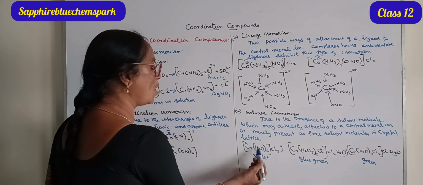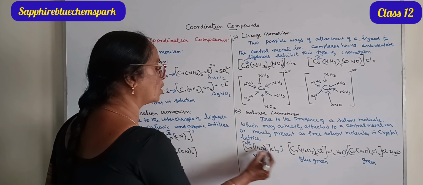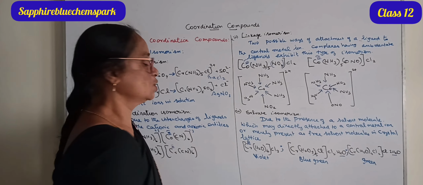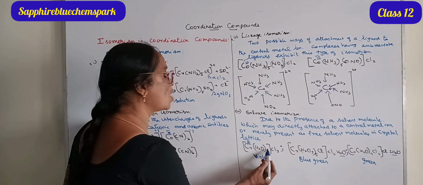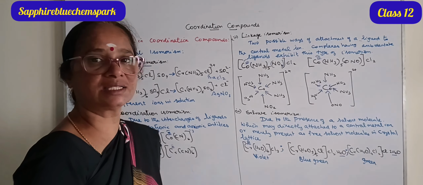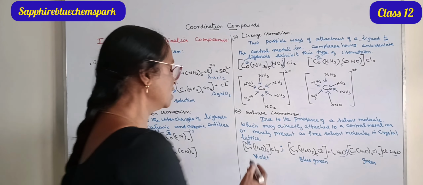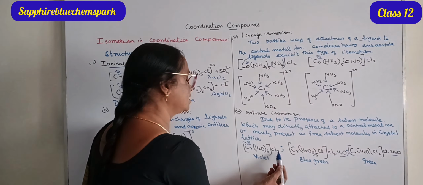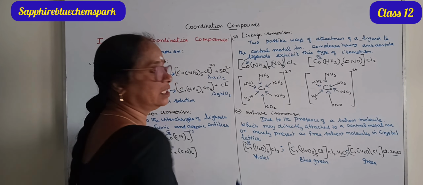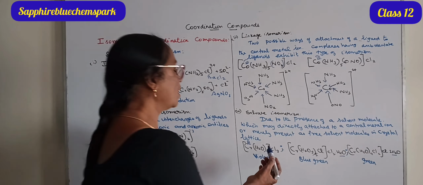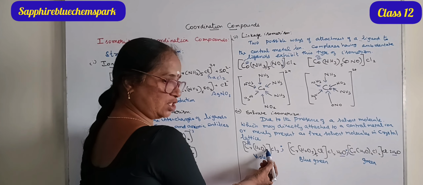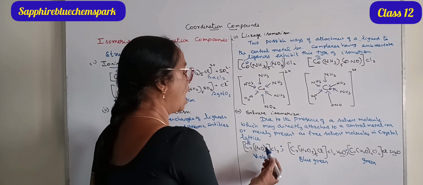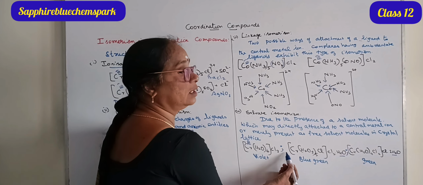Hexaaquachromium(III) chloride I have taken. In this case, all 6 water molecules behave as donor groups of the central metal ion. Now I am going to exchange a chloride ion with a water molecule. One of the chlorides enters the coordination entity and one of the water molecules is displaced.